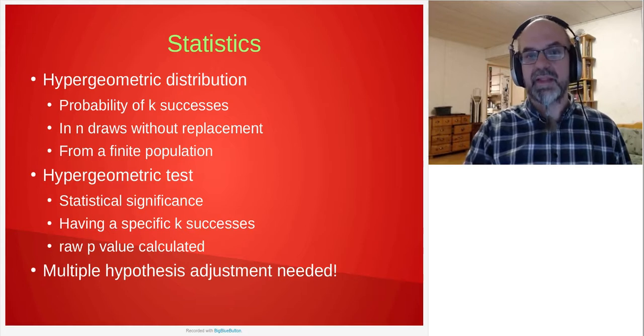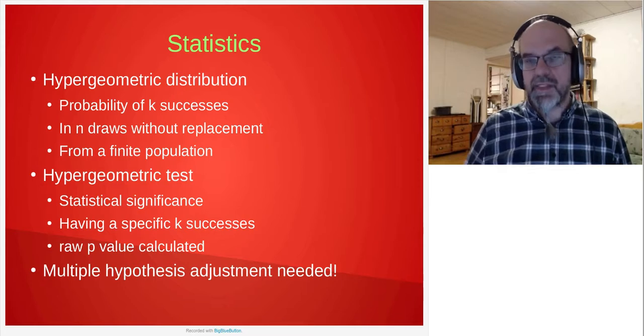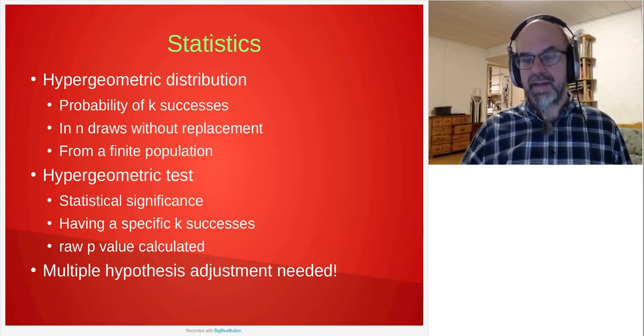You know, some people even win the lottery, so it's not impossible that you just treat your samples with distilled water and still observe this kind of enrichment. With statistical tests, we can calculate the probability that this would happen. And the tool for that is called the hypergeometric test.